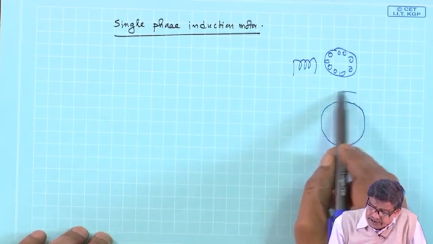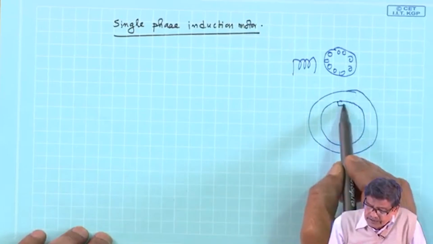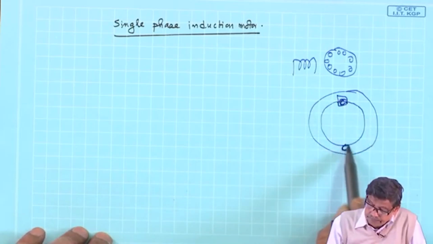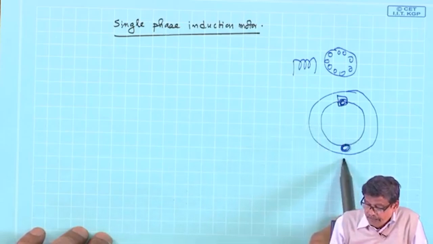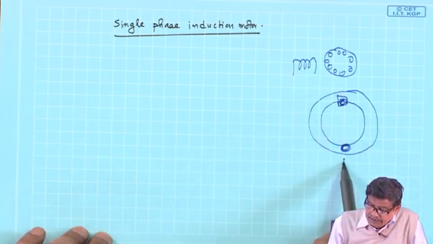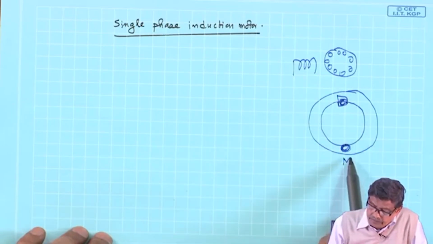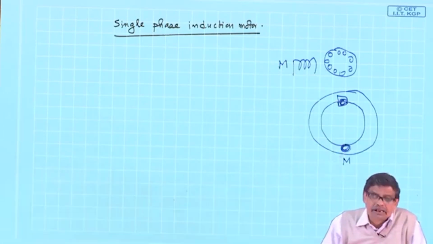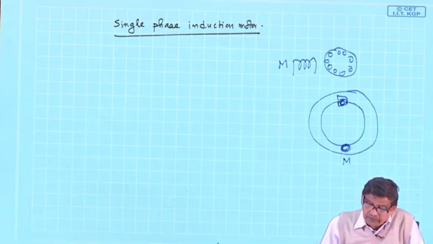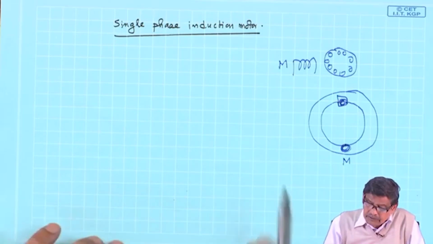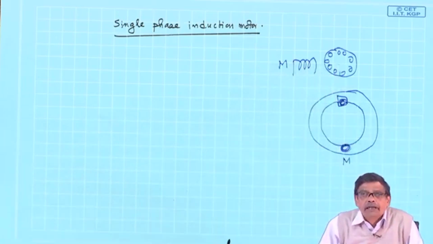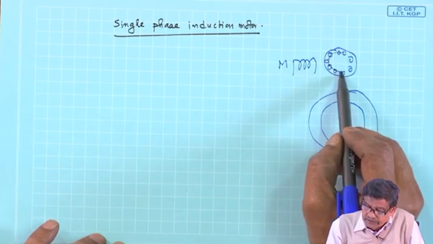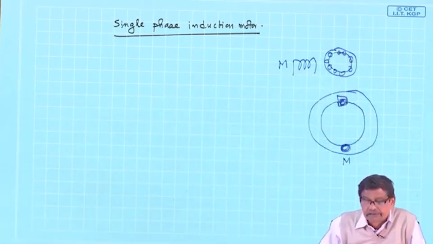If you see the stator, there will be coils here, and let this coil be called M. We are calling ABC coil, let us call M. M we will later say main winding. On the rotor there is a cage rotor. That is the thing.